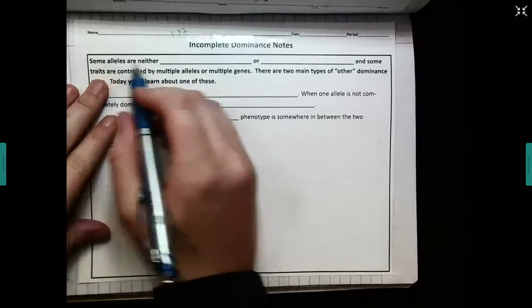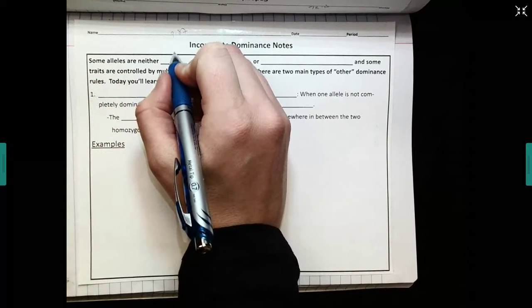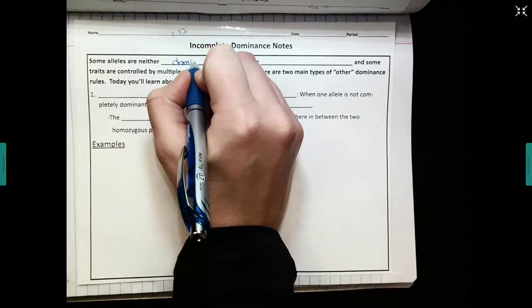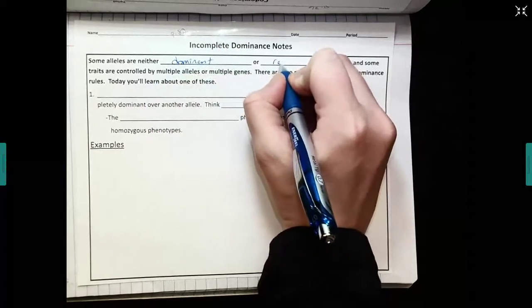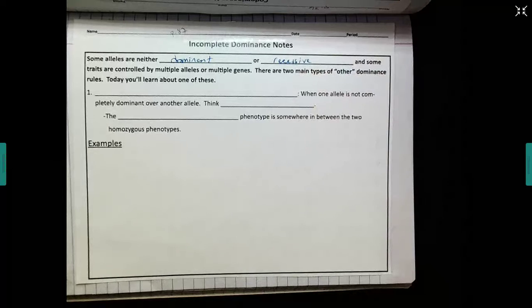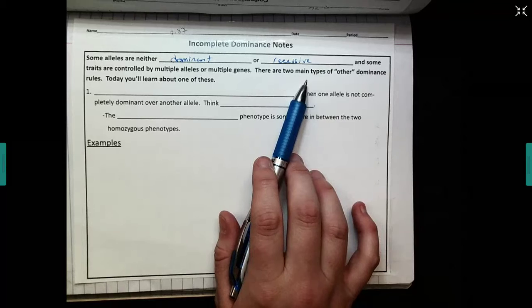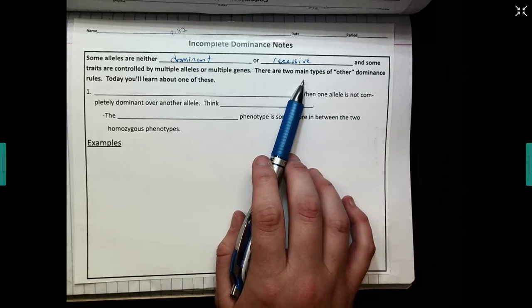So some alleles are neither dominant or recessive, basically meaning some of these traits are controlled by multiple alleles or multiple genes. And so today we're going to learn about two of those types of other dominance rules.